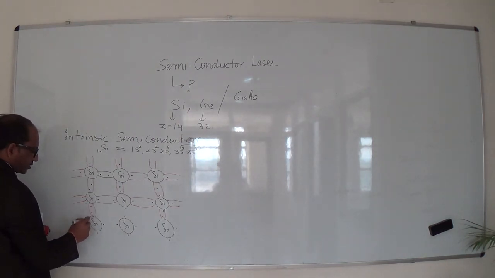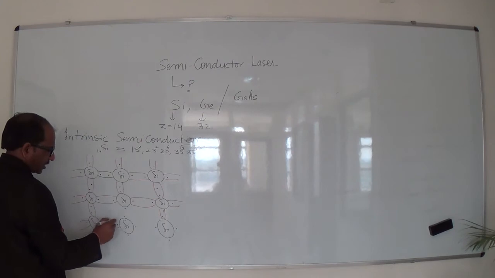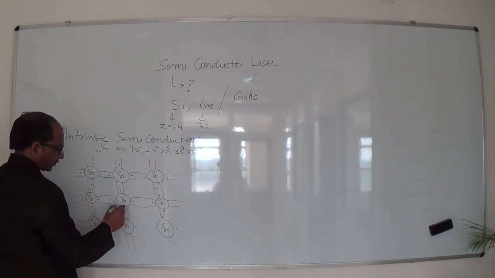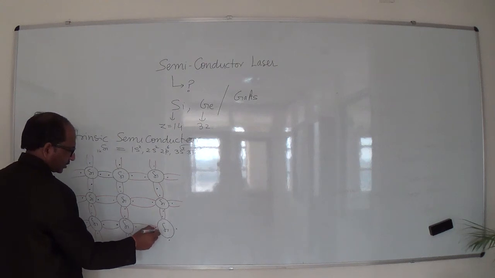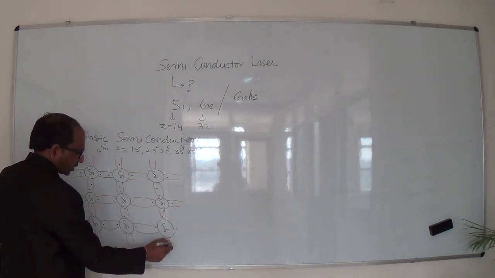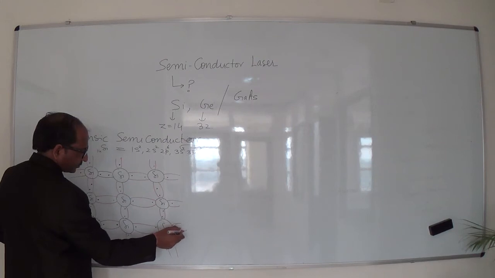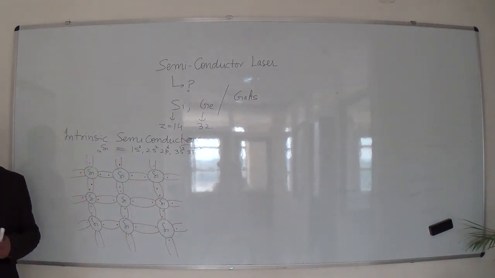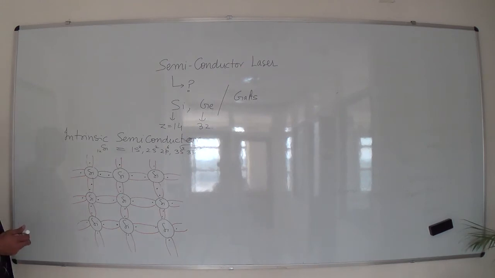If I choose silicon, it is the intrinsic structure of silicon, but if I choose germanium, then it will be the intrinsic structure of germanium. This is pure semiconductor, intrinsic semiconductor material.